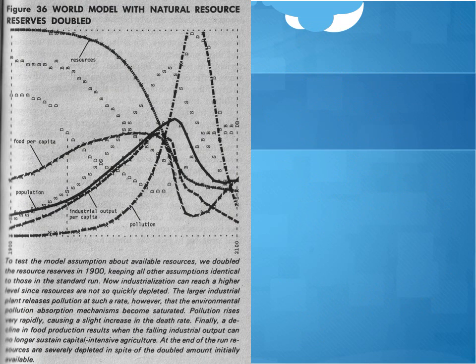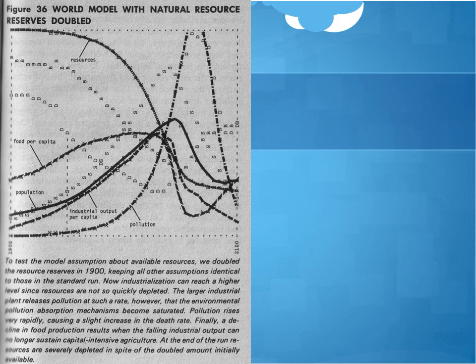The nice thing about models, and World3 is no exception, is that it allows us to look at what-if scenarios. What if we started with a world that had twice as many resources as we have now? So, what would that do?